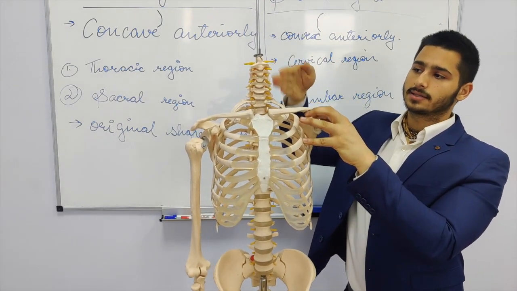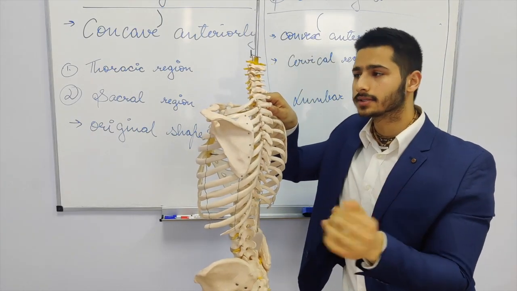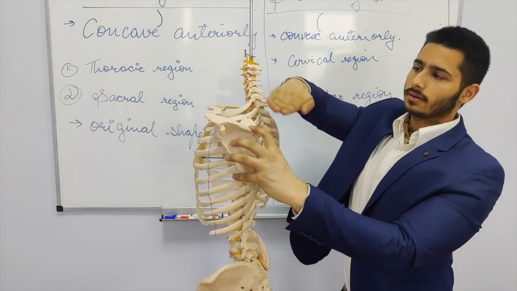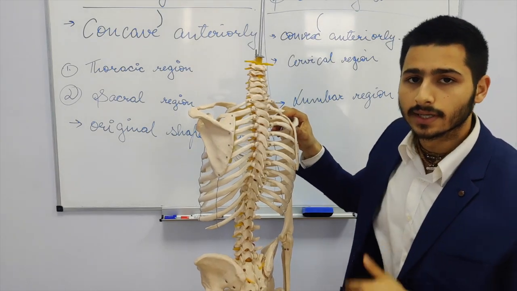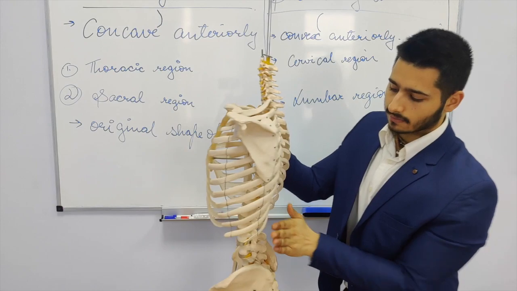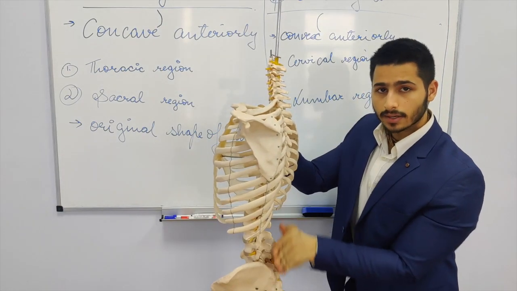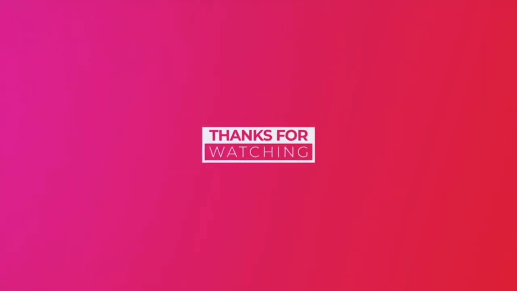It is slightly convex, but you can see more clearly in the lumbar region. As you see, it is convex anteriorly. So these are the curvatures of the back.